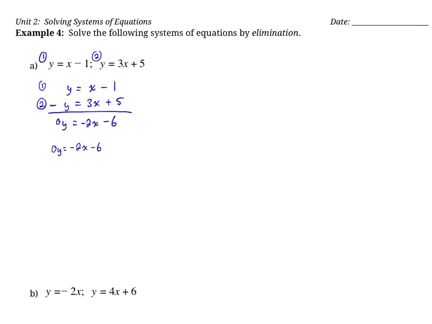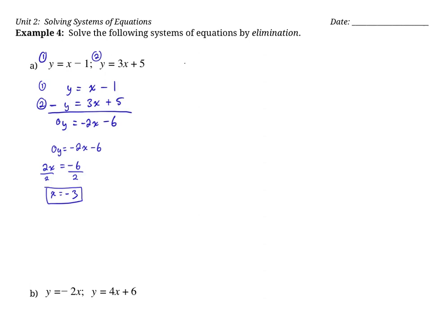Now to solve this equation, just bring that -2x to the other side of the equal sign, and we'll get 2x equals -6. And so x is equal to -3.